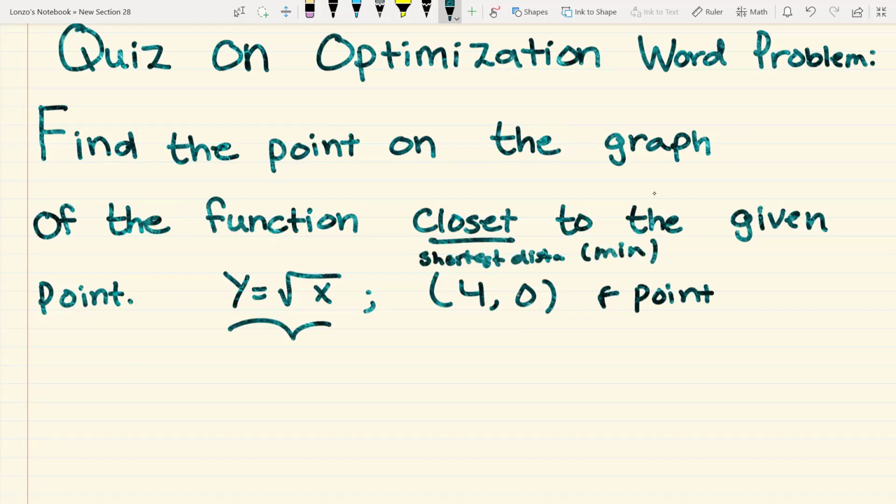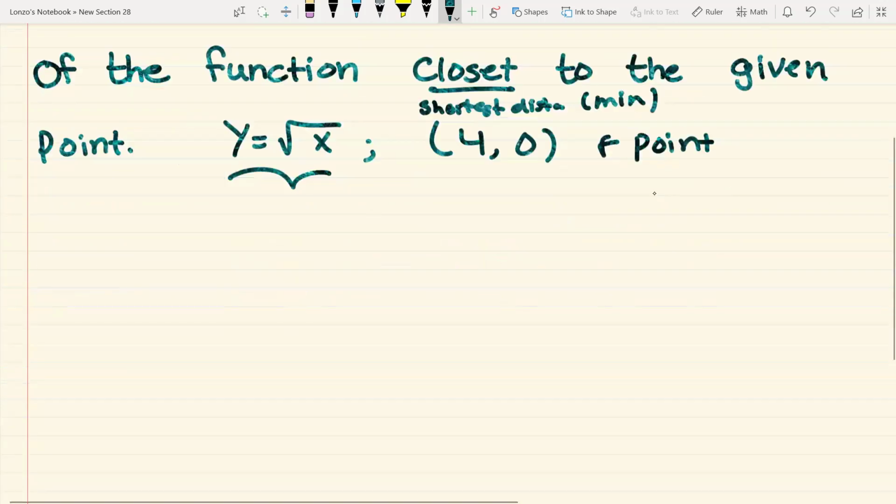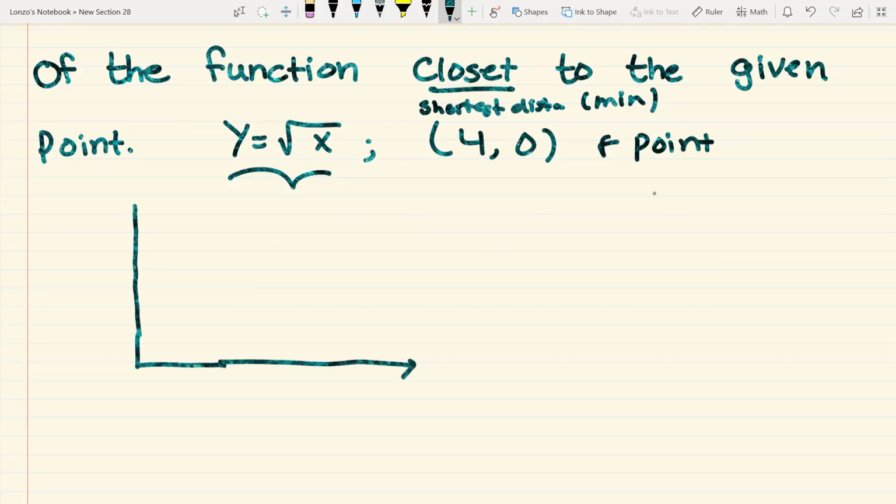So step one, first draw the best image you can think of. So I know how y equals square root of x is. It looks like this, or roughly looks like this. So it's a square root graph, so it does equal to 0. So it kind of curves and it slowly starts to increase, right?